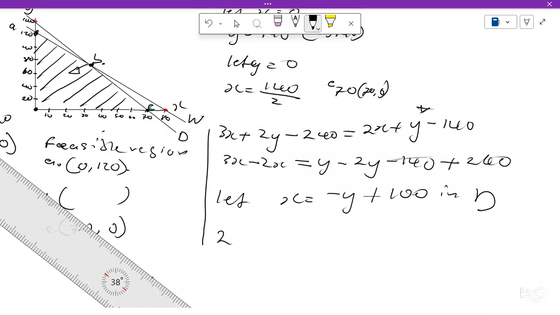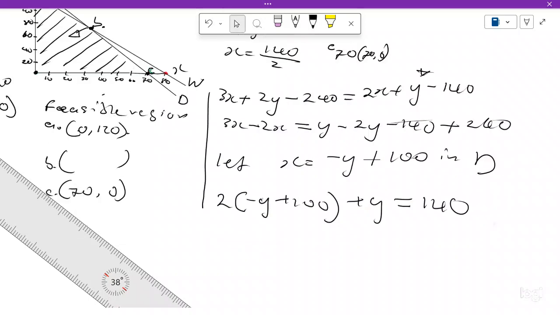So it's going to be 2 open bracket negative y plus 100, plus y minus 140. Just transpose 140. We're not needing him, so he can go home.